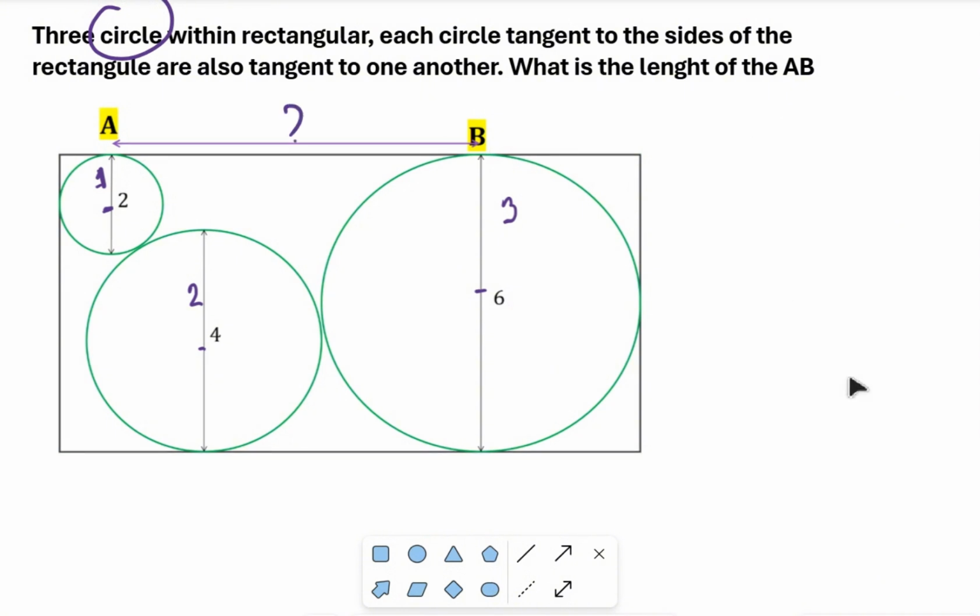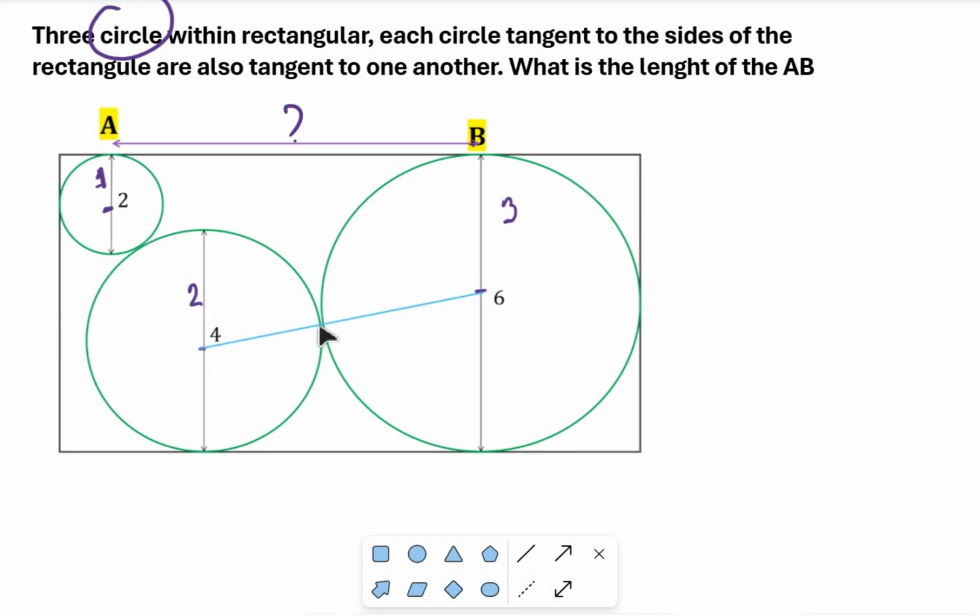Now let's jump into the problem and see what we can do first. Very first, we can add the center of the larger circle and the next circle, and obviously each of the circles touches the next. So the very large circle touches the second one, and the second one touches the third one.